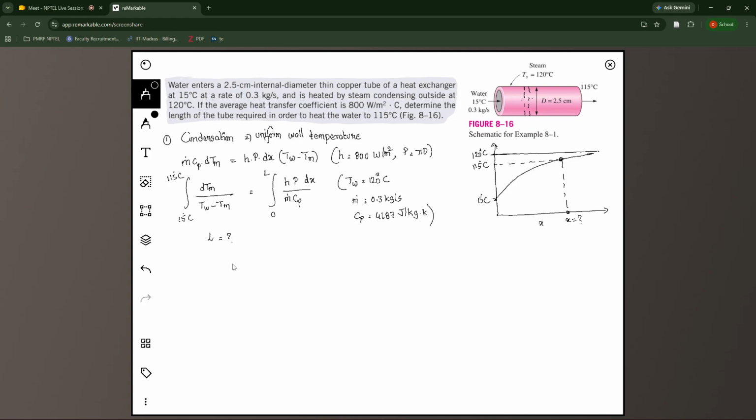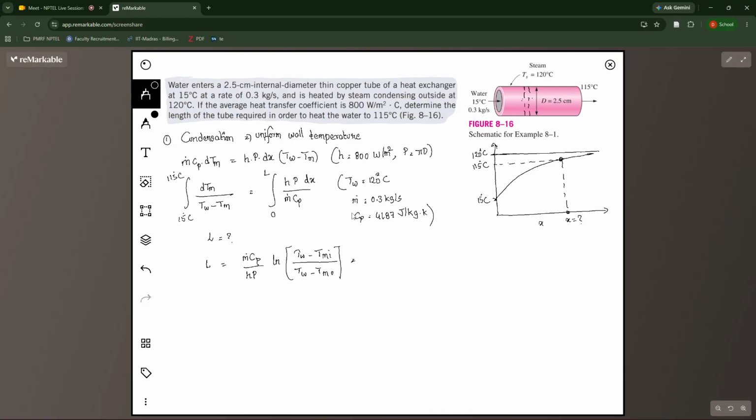If you solve the above differential equation, you will get L as m dot Cp by hP times ln of (Tw minus Tm at the inlet) by (Tw minus Tm at the outlet).